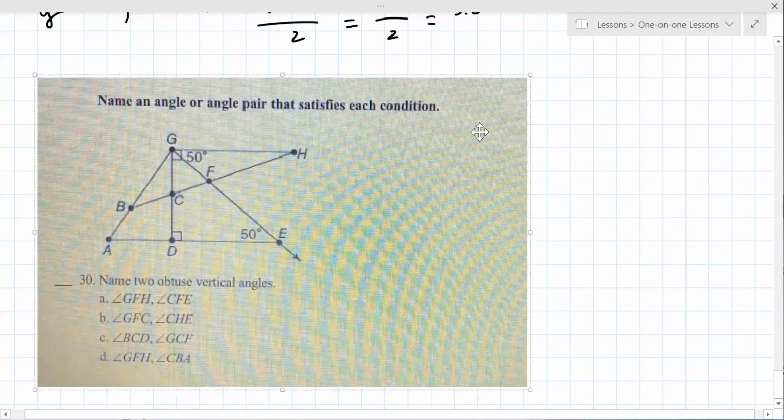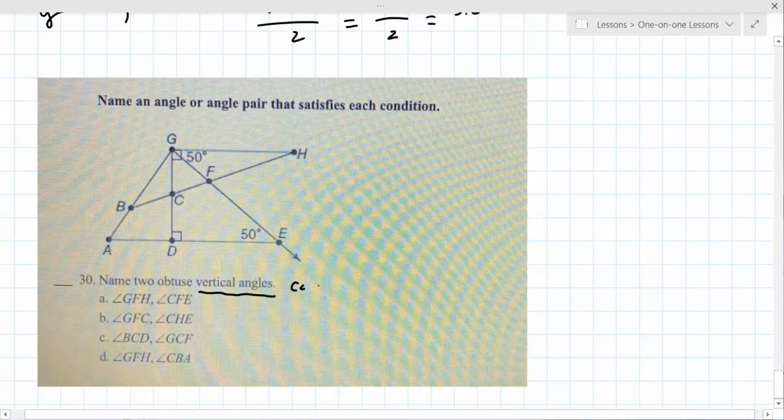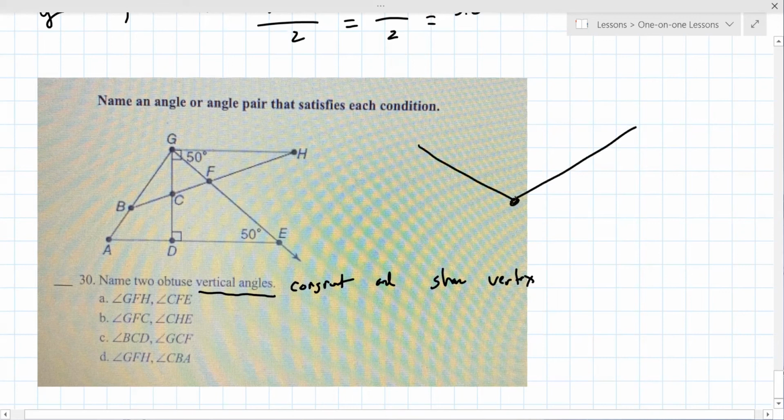Yeah. So name an angle or pair of angles that satisfies each condition. So two obtuse vertical angles. Vertical angles means that they are congruent and they share a vertex. Okay, so it's like this angle. This is an obtuse angle because it's more than 90, and you can just do that visually.